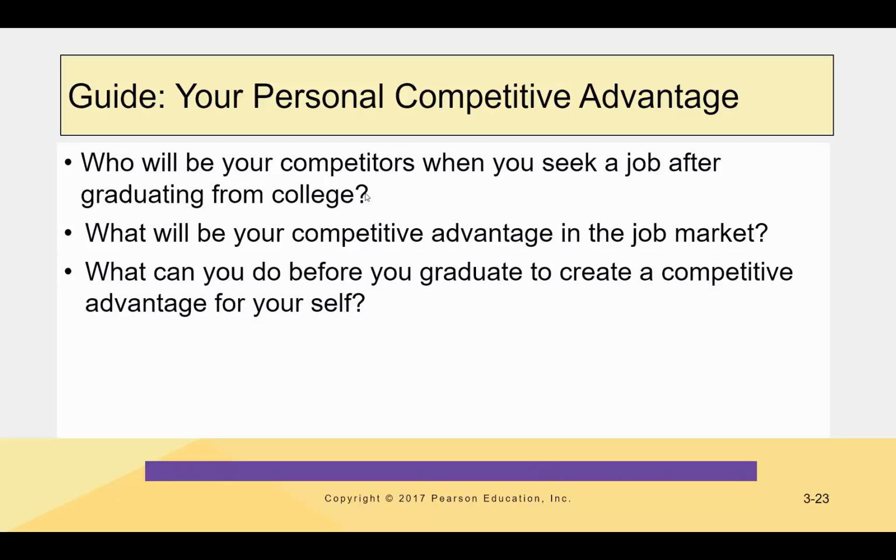So how do you create a competitive advantage for yourself before you graduate? Well, there's a lot of stuff you can do. You can belong to organizations. You can belong to civic organizations. You can volunteer for the United Way, for Red Cross. You can volunteer for a soup kitchen. That goes on a resume.